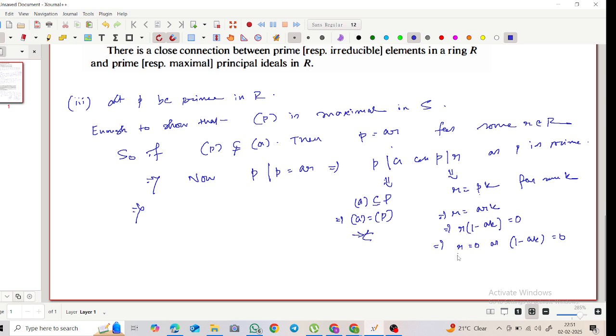But R cannot be 0, because P equals AR and P is non-zero. So R is non-zero, which means AK is 1, which means A is a unit. So this is the whole R, which means this is maximal.